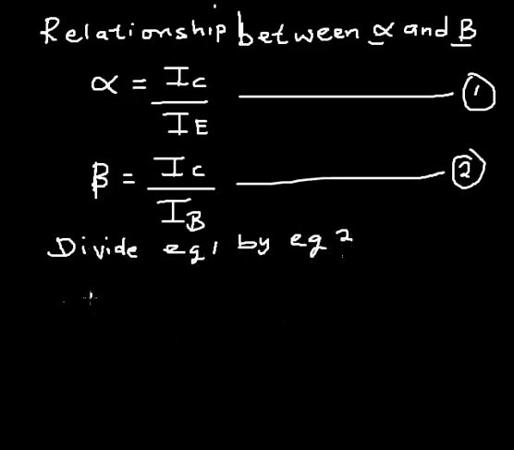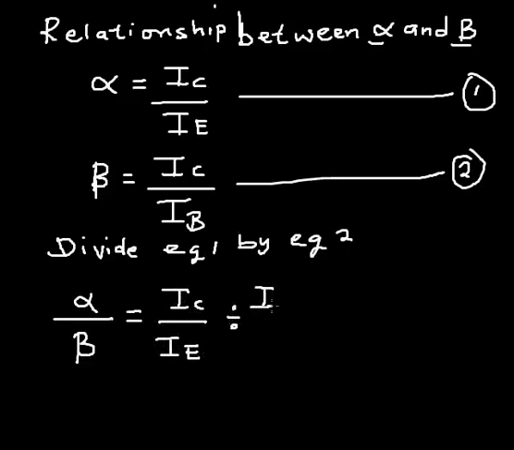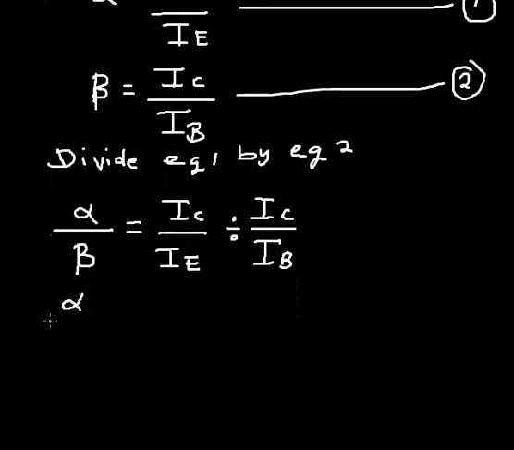So I'm going to divide alpha by beta, which is going to be equal to IC over IE, divided by IC over IB. If you want to divide this fraction on the right hand side, you convert the division sign to a multiplication sign and invert the divisor.